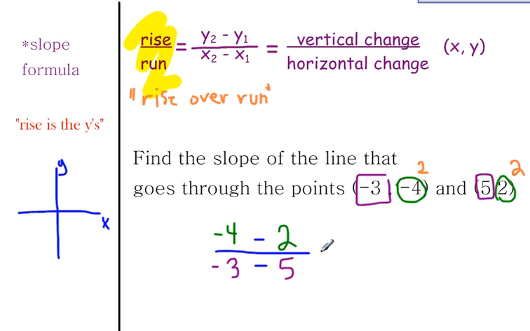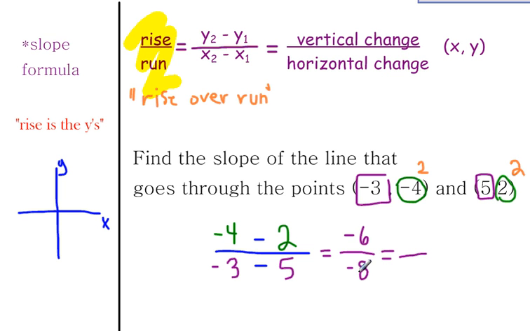Now all I have to do is subtract the top, subtract the bottom. -4 take away 2 is -6. -3 take away 5 is -8. On a test, you know this answer would not be good enough for me. You would need to go one step further and simplify it.